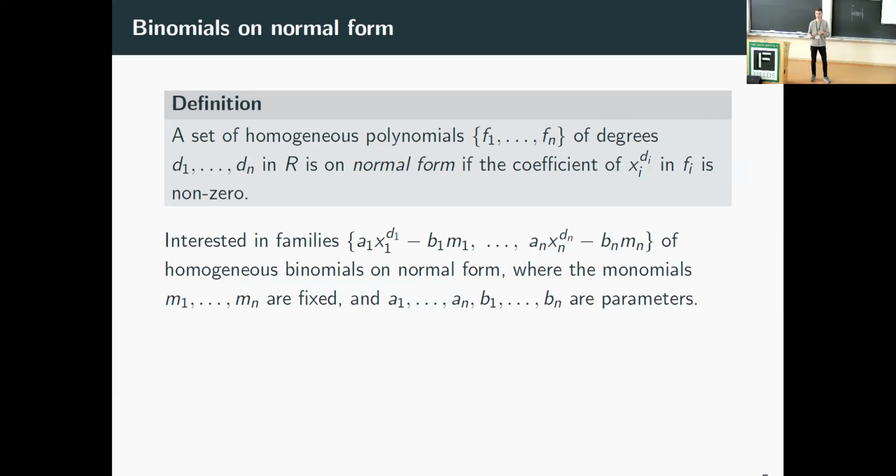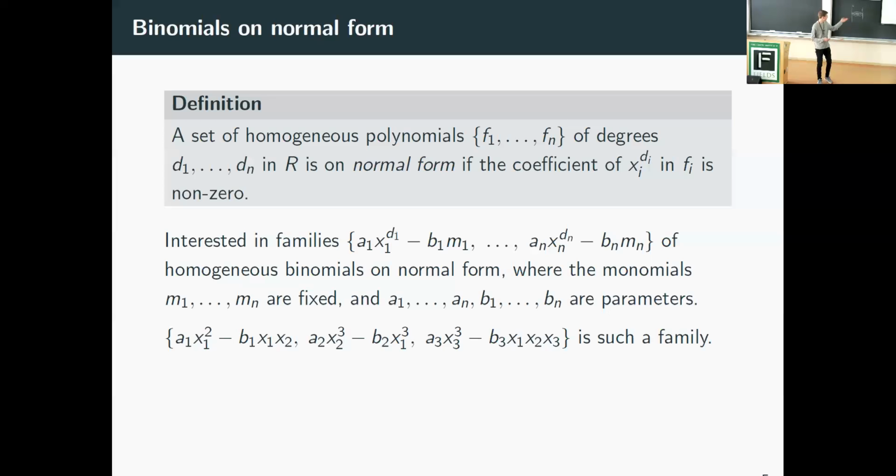Can we say something like when they determine complete intersections in terms of the a's and b's, for example? To be even more specific about what kind of polynomials appear in these families, this is an example of such a family.